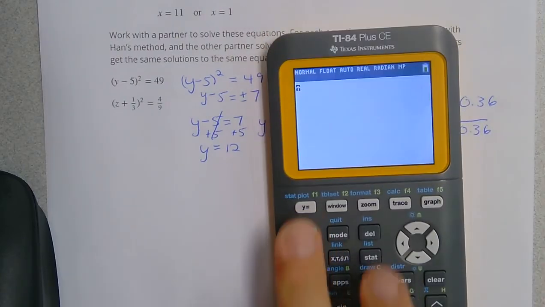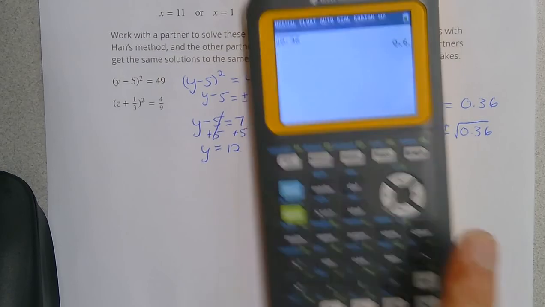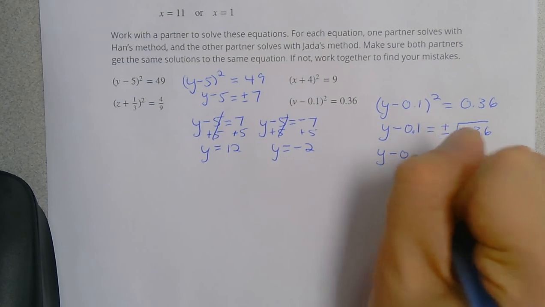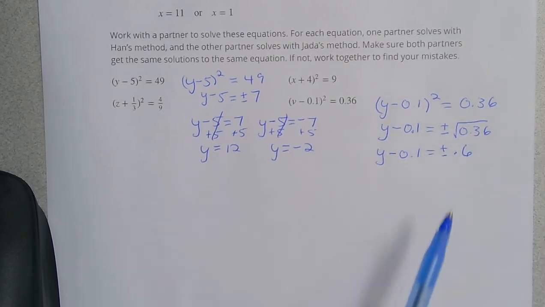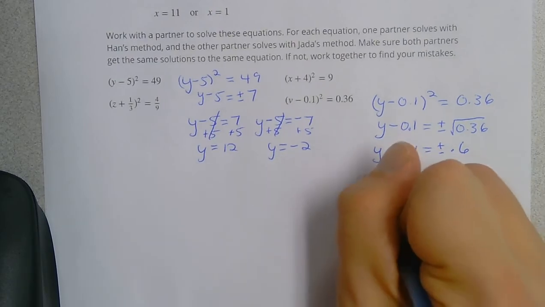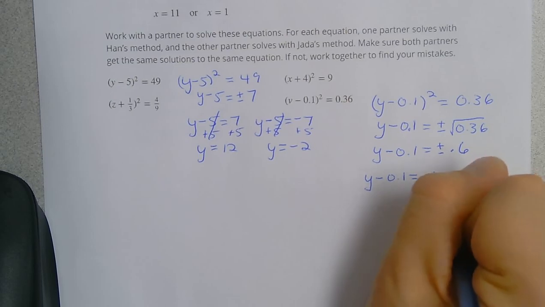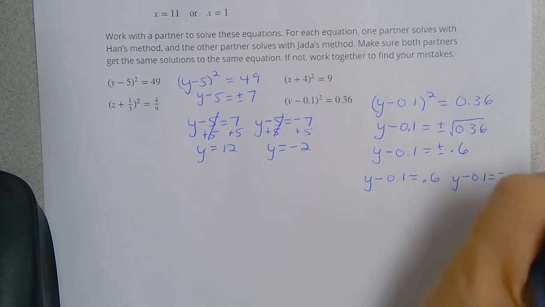So the square root of 0.36 is 0.6. So y minus 0.1 equals plus or minus 0.6. Then I'm going to break that up into two equations. y minus 0.1 equals 0.6, and y minus 0.1 equals negative 0.6.